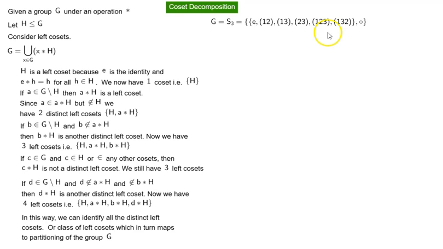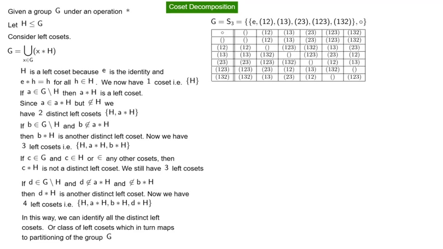So let's take this permutation group under the operation composition. We have already seen this. Remember the Cayley's table of this? So let's take the subgroup H consisting of e and permutation (1 2), where H is a subgroup of G. So elements that are in G but not in H are what?